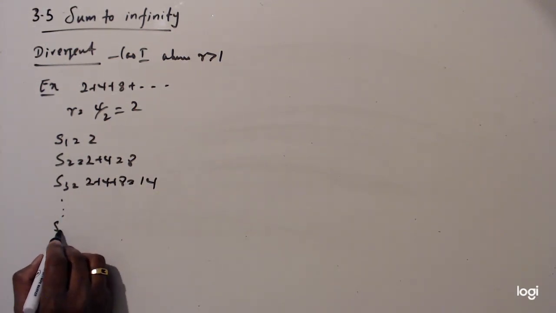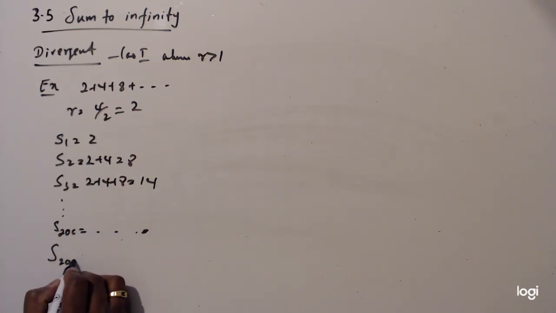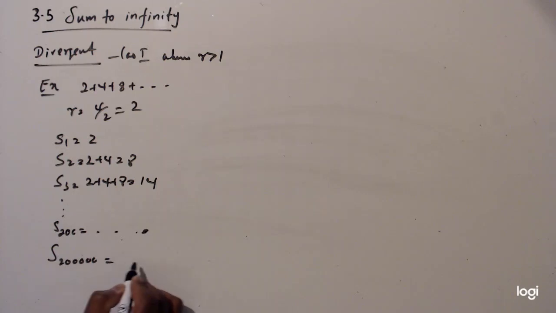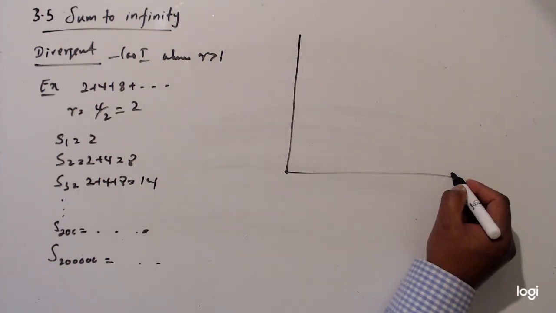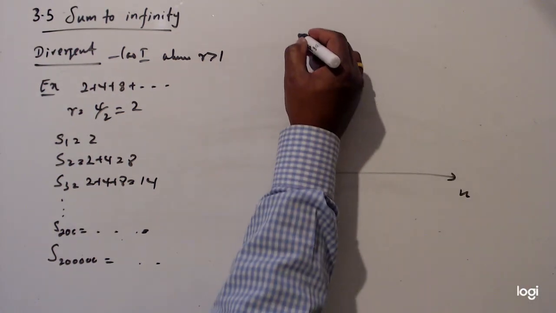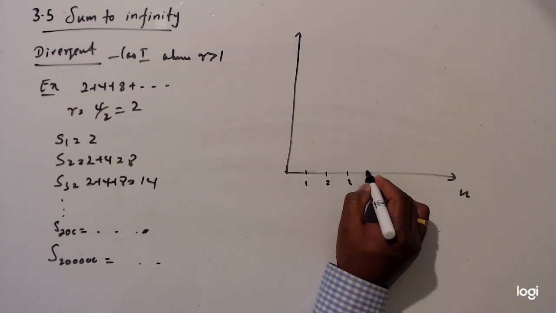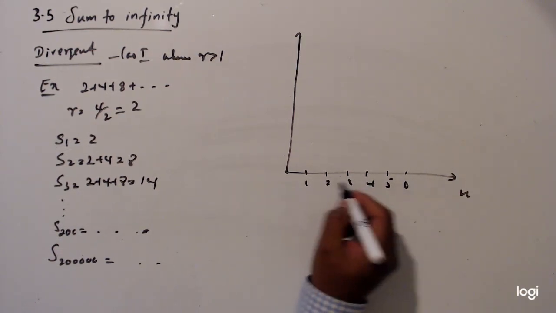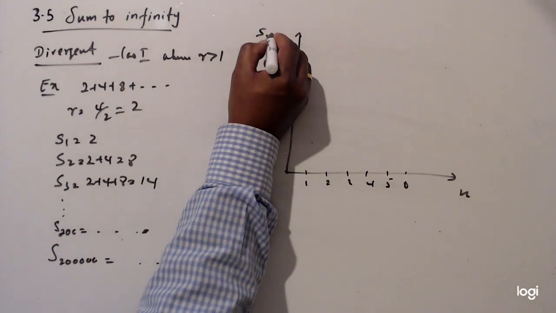Likewise S200 and S200,000. So this is the graph. This is n, the term numbers 1, 2, 3, 4, 5, 6, and this is Sn.